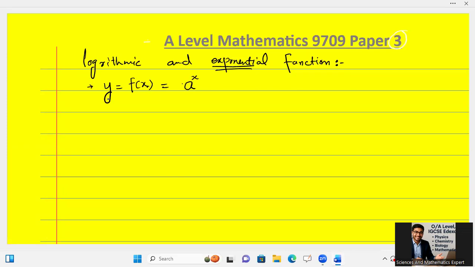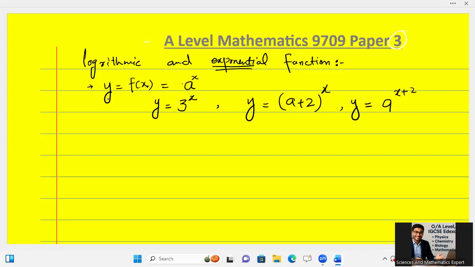For example, I am taking y is equal to 3 power x, or y is equal to a, a constant, whole power x, or y is equal to 9 power x plus 2.